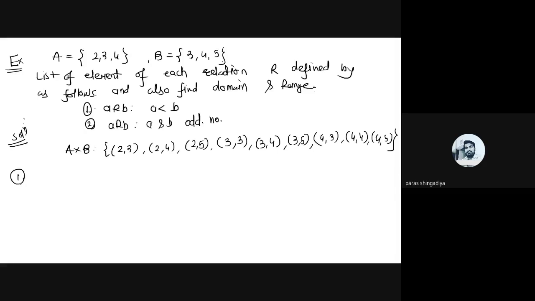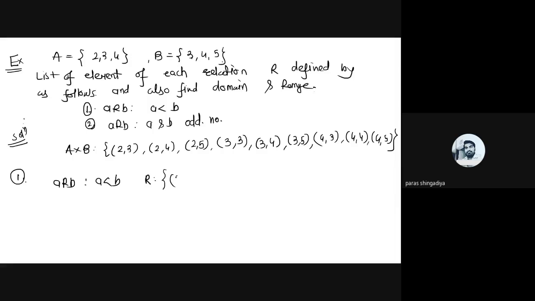And now the answer of the first one, A R B. We consider the relations that satisfy the condition A less than B. So now we'll include some pairs from this A cross B which satisfy the condition A less than B. A means the first entry and B means the second entry.